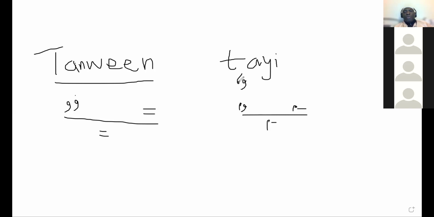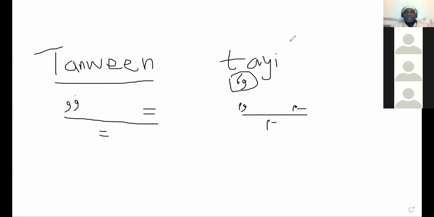So this is the most common one, dammatain. Please, you need to know that this is fathatain, this is kasratain, and this is also dammatain. Fathatain, double; kasratain, double; and dammatain.